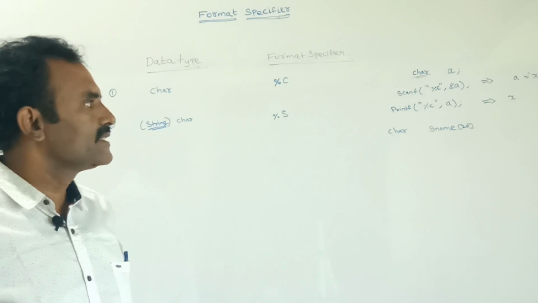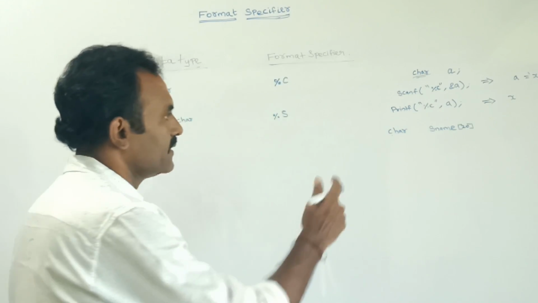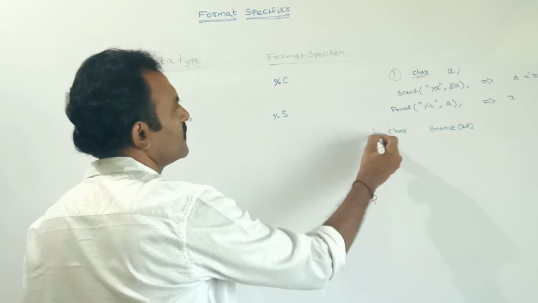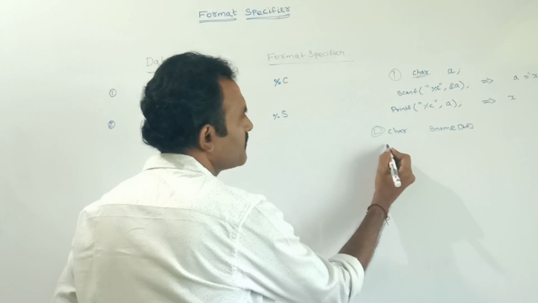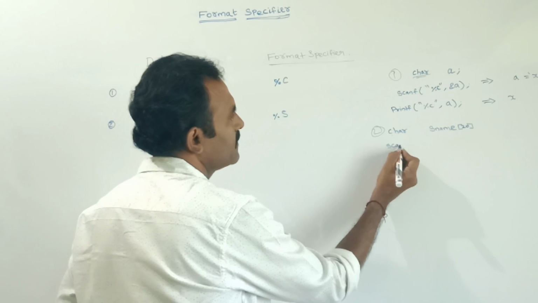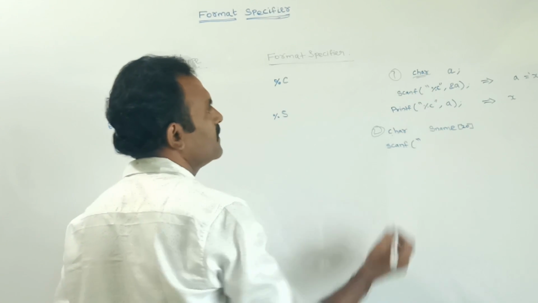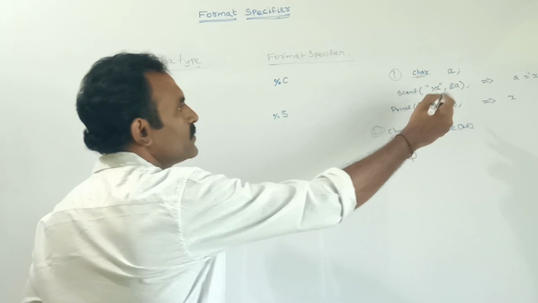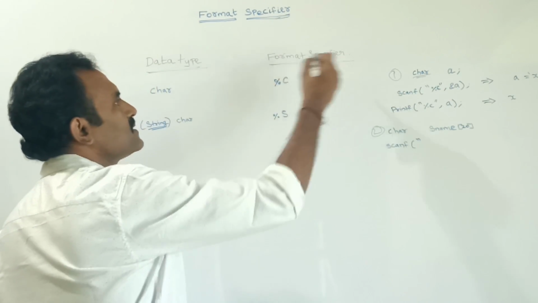Let us see an example of how to store and retrieve the values. This one is for character and the second one for string. With the help of the scanf function we can store values in a variable. The first parameter is the format specifier.